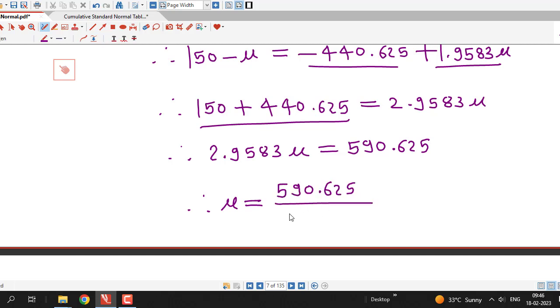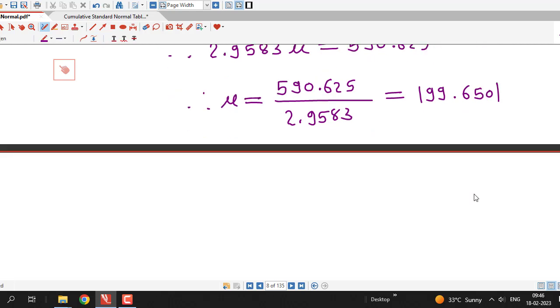Therefore mean mu is division of 590.625 and 2.9583, and I obtain mean equal to 199.6501. Using my scientific calculator, I have made all these calculations by fixing calculator up to 4 decimal places.